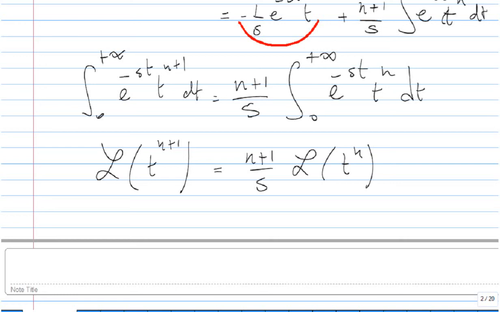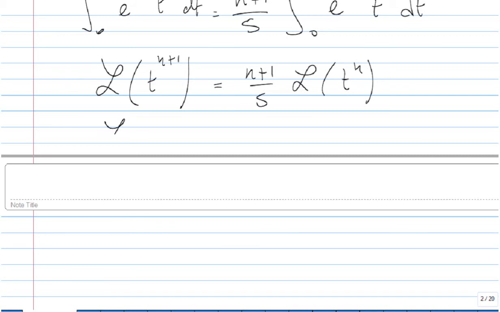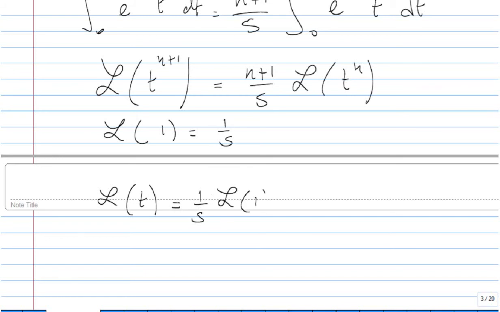So using the fact that the Laplace of 1 is 1 over s for s greater than 0, we come up now with all of them. For example, as they asked us, the Laplace of t is n equals 0. So it's 1 over s times the Laplace of 1, which gives 1 over s times 1 over s, that's 1 over s squared.